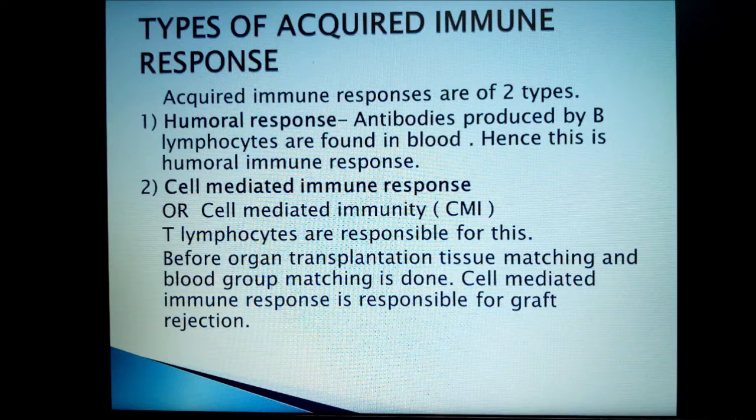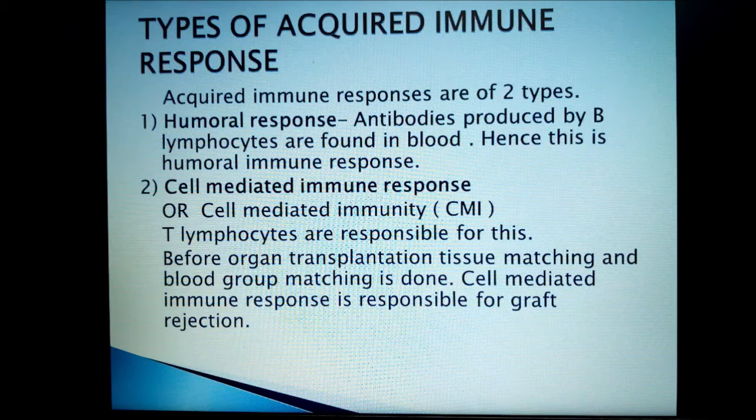Now, where is this cell-mediated immune response important? Before organ transplantation, tissue matching and blood group matching is done. Like we know that in blood group matching, the blood groups are decided because of the antigen which is present on your RBCs.